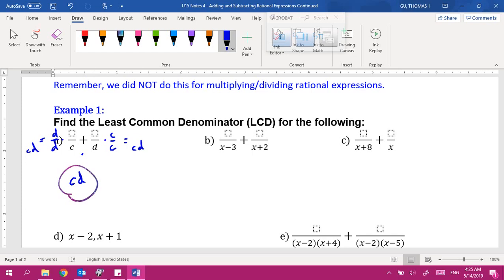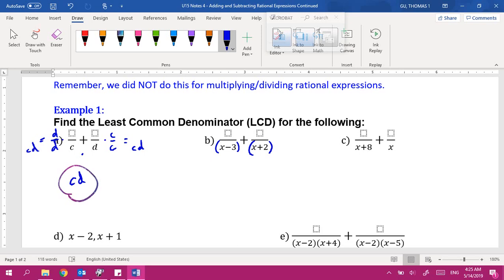So now look at B though. B looks weird because I've got x minus 3 as one of the denominators and x plus 2 as the other denominator. This is like two separate terms, right? And so x minus 3 is one term and x plus 2 is another term. It's the same idea as having two different variables like the first example, C and D in the bottom. On the left is this fraction. What's it missing?